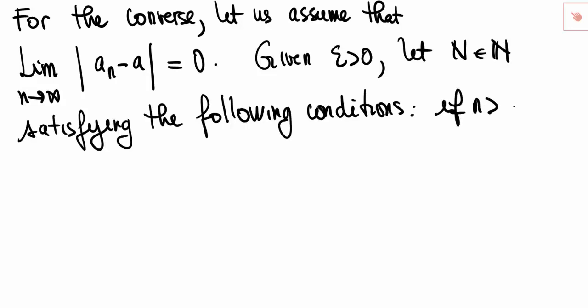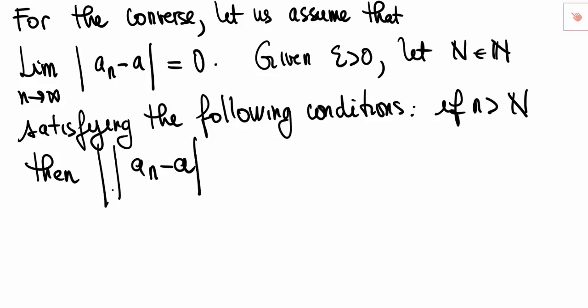If little n is bigger than capital N, then the distance between the absolute value of An minus a and 0 is less than epsilon.